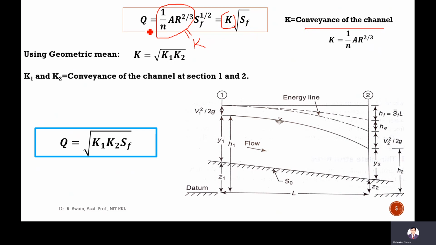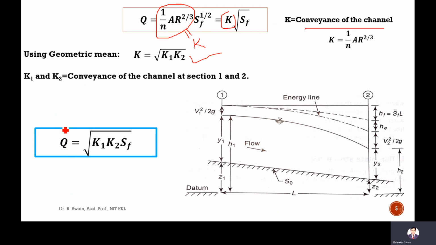So for section 1, let K1 be the conveyance of the channel, and K2 the conveyance at section 2. Using the geometric mean between section 1 and section 2, K is calculated as square root of K1 K2.